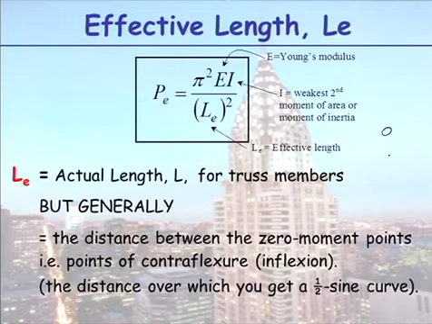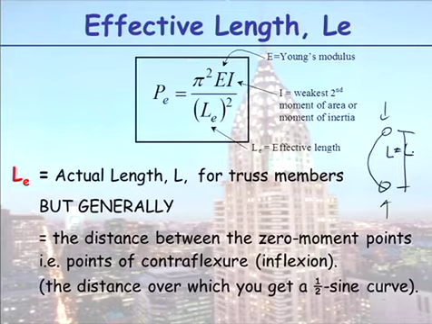When your ends are pinned, your section buckles like so, your length is actually equal to your effective length. So as part of the project, length is effective length. But generally speaking, the definition of the effective length is the distance between zero moment points, or points of contraflexion, or points of inflection.